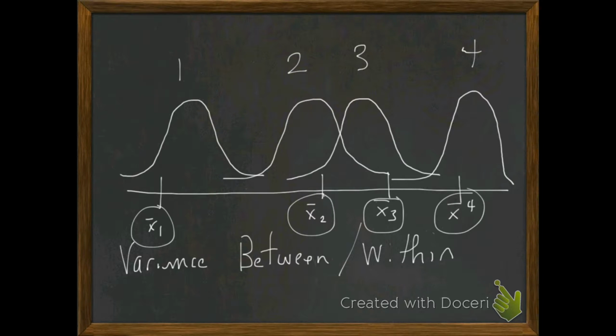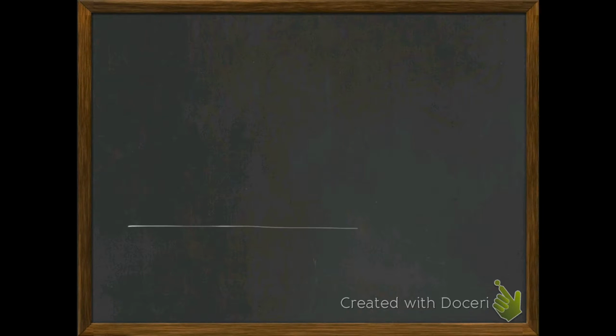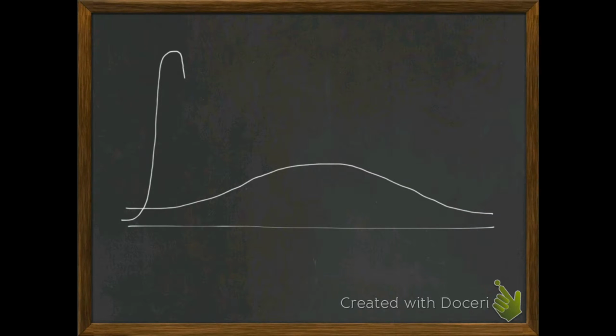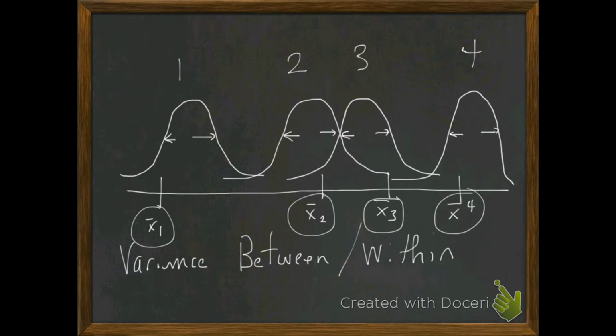Now, notice that the variation within the distributions, as I've drawn them, are all about the same, right? I didn't come in here and draw some distribution that looked like this. Or I didn't come in here and draw some distribution that looked like this. All of the distributions that I drew here had equal variance.